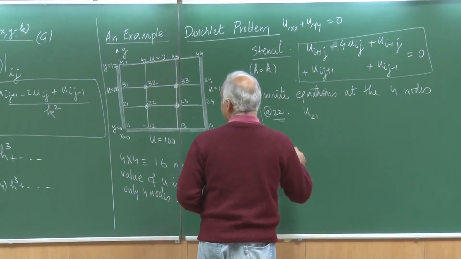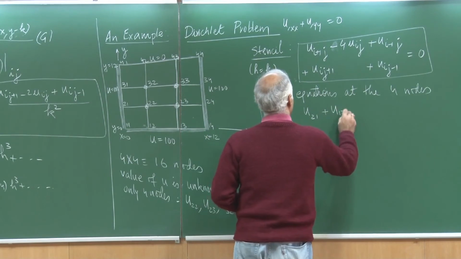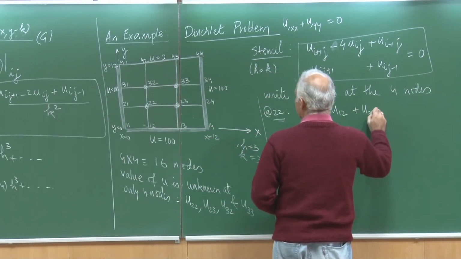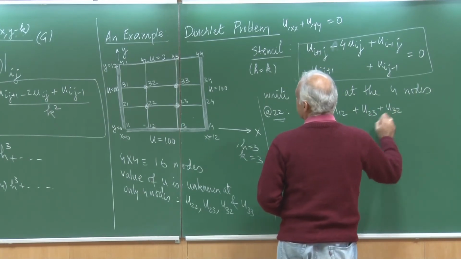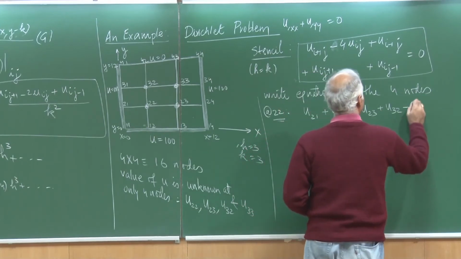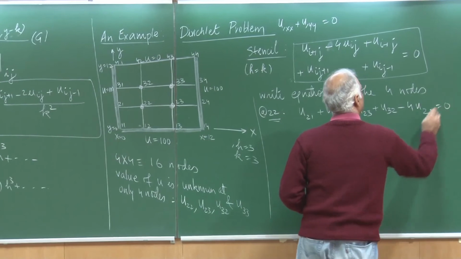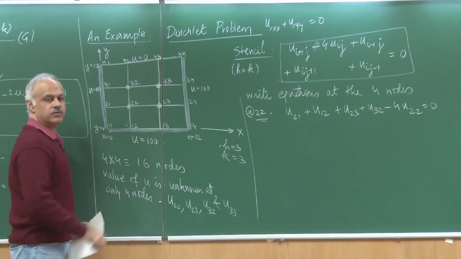So, u21 + u12 + u23 + u32 - 4u22 = 0. That is my equation at 2 2.